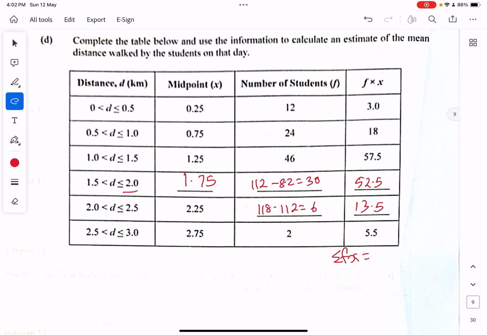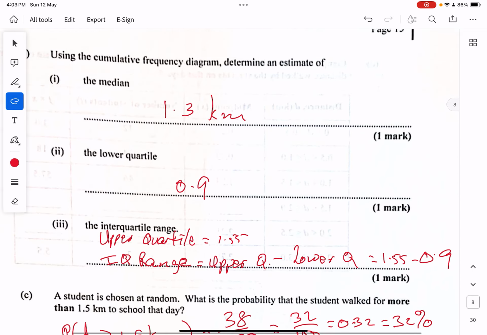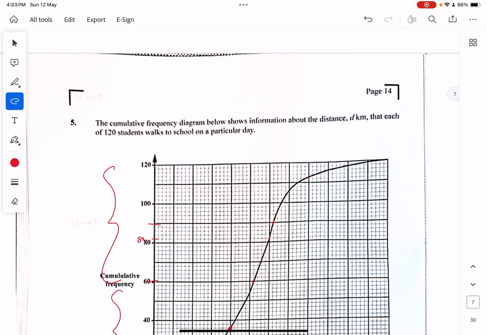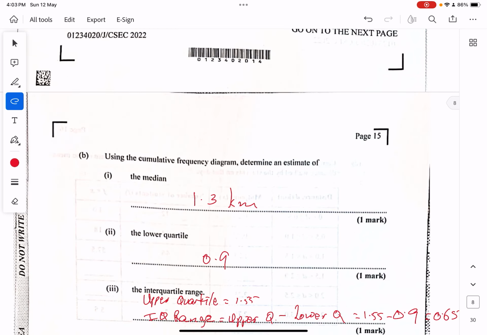That works out to be 150. And we know that our sum of f was 120. We saw that from the graph, right? The highest number plotted on the graph was 120, so our total frequency was 120.